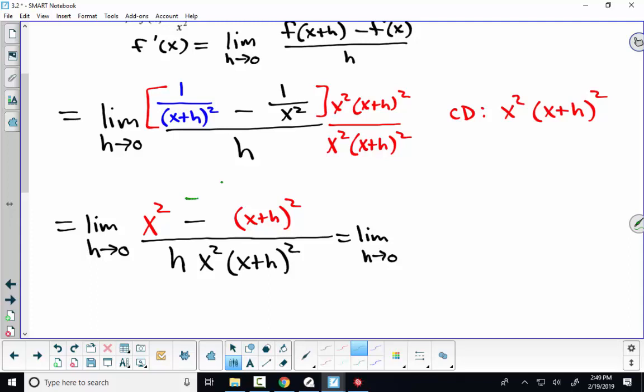This is negative x squared plus 2xh plus h squared. When we expand this, and so we have this x squared minus this x squared, those are gone. We've got a minus 2xh, and we've got a minus h squared, all over h.